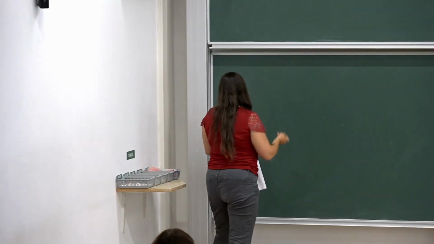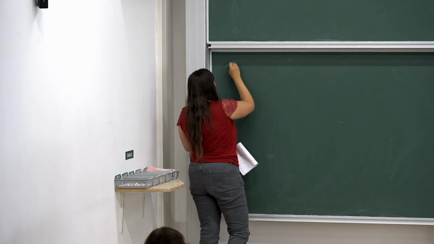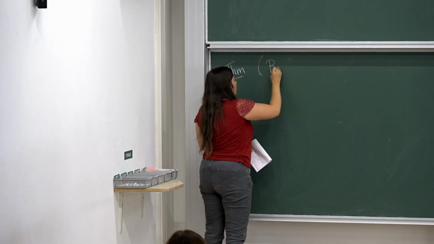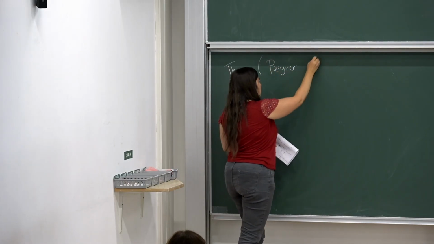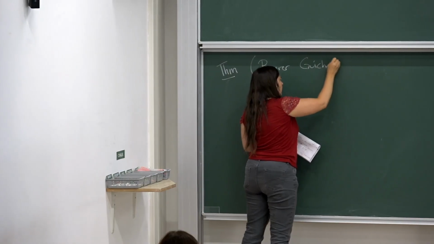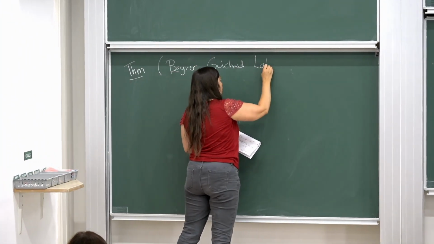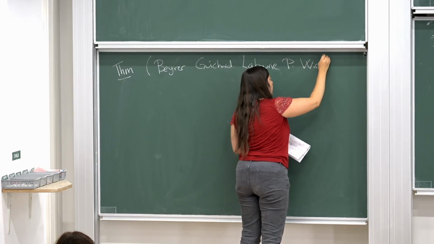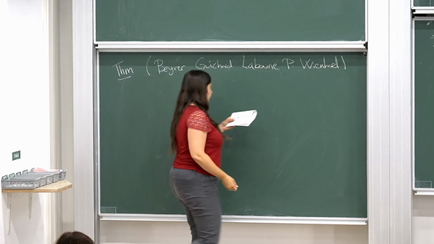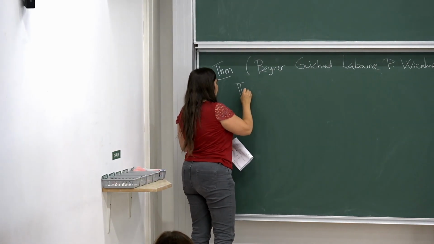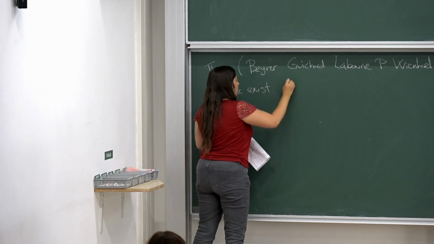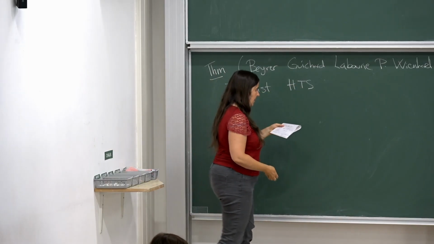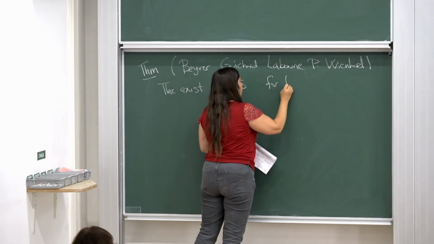And the theorem that I want to discuss with you today was joint work with Jonas Beyrer, Olivier Guichard, François Labourie, and Anna Wienhard, which says that there exist higher-rank Teichmüller spaces, so nice connected components of these character varieties, for the following classes of groups.